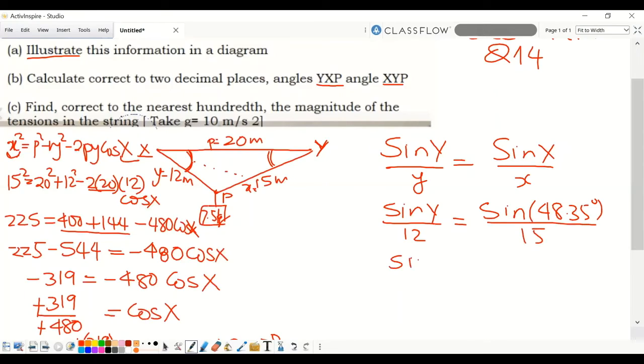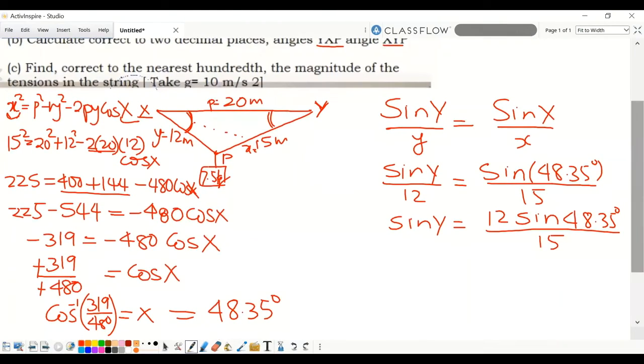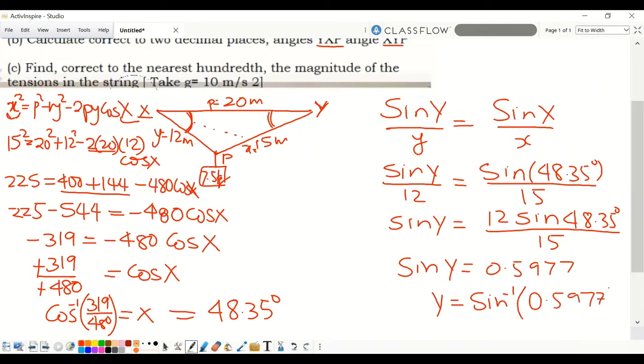So sine Y equals 12 sine 48.35 degrees over 15, which will be sine Y equals 0.5977, and Y will be sine inverse 0.5977, and that will be 36.7 degrees.